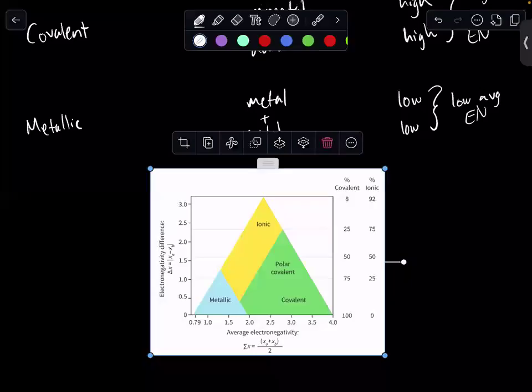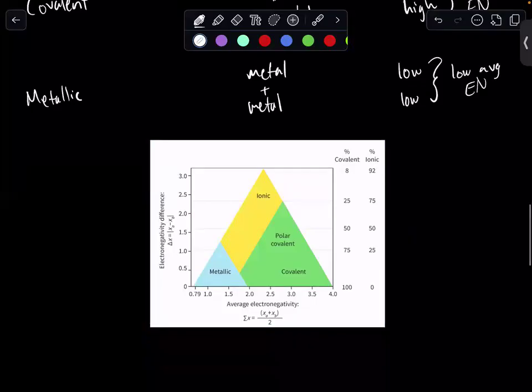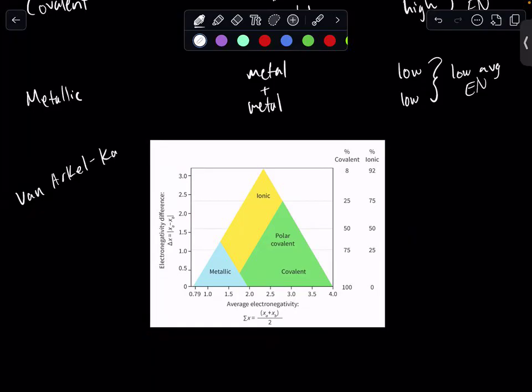All right, so here we have our bonding triangle, or what's actually also known as the Van Arkel-Ketelaar triangle for the scientists.